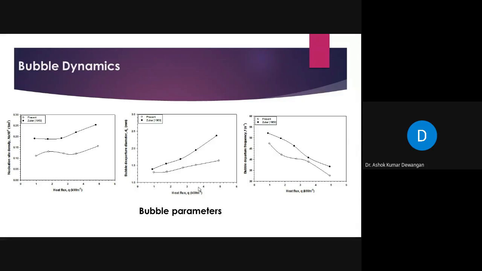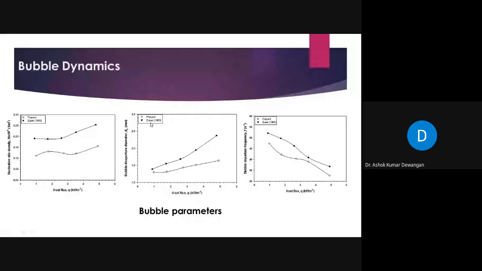Some properties of the refrigerant, such as the surface tension of R600A, also affect the bubble size. The experimentally measured bubble departure diameter was also compared with some correlations and models.